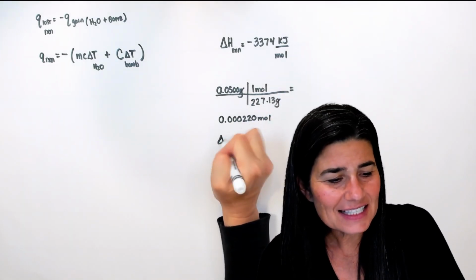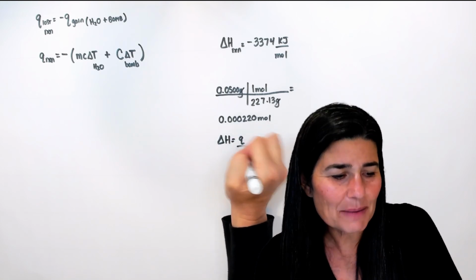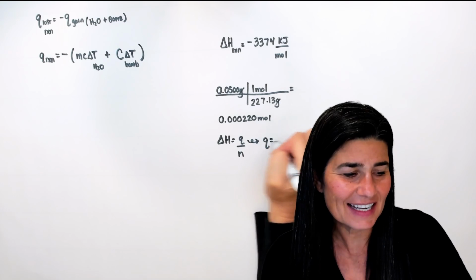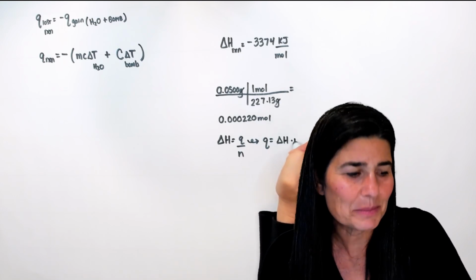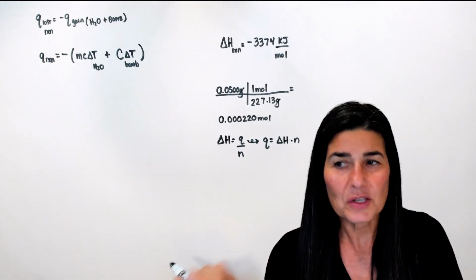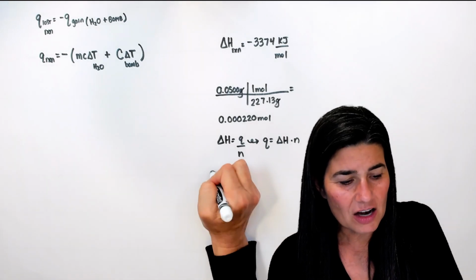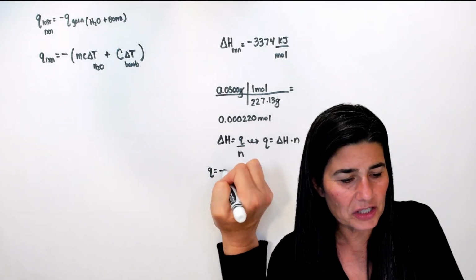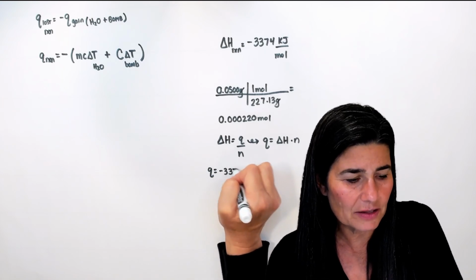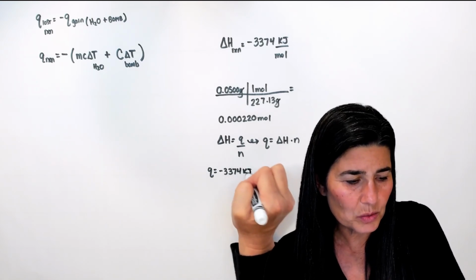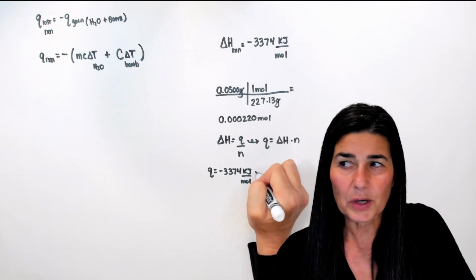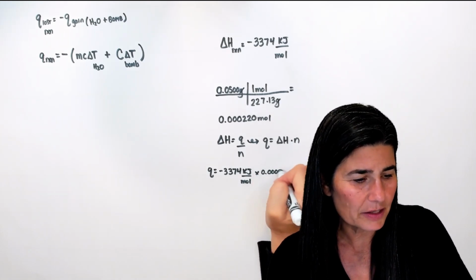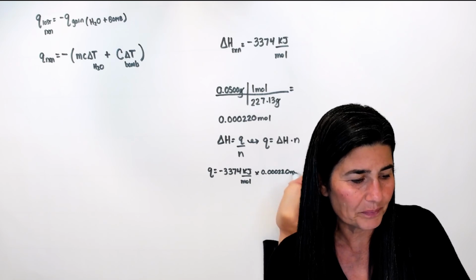Okay, we're going to use that to find the heat released. Since delta H is heat per mole, that means that our heat is delta H times our number of moles. So we're going to find our heat Q by taking the heat of this reaction, negative 3,374 kilojoules per mole, and multiplying that by our moles, 0.000220.